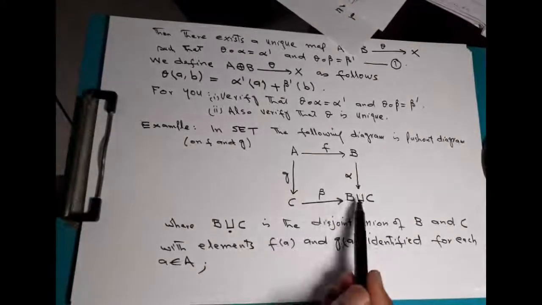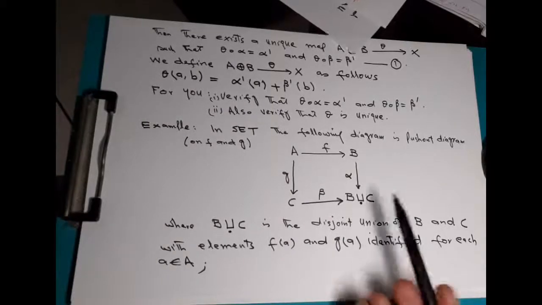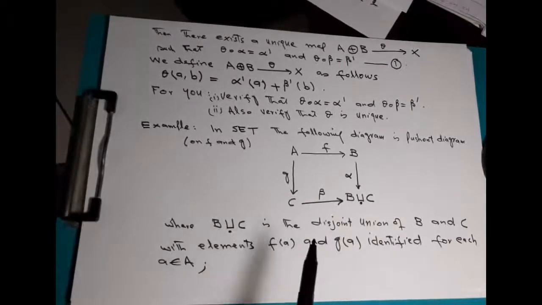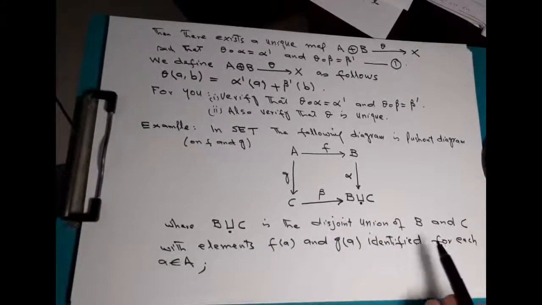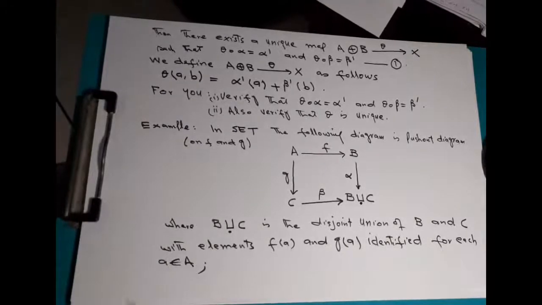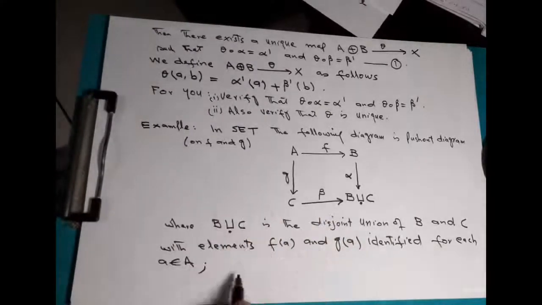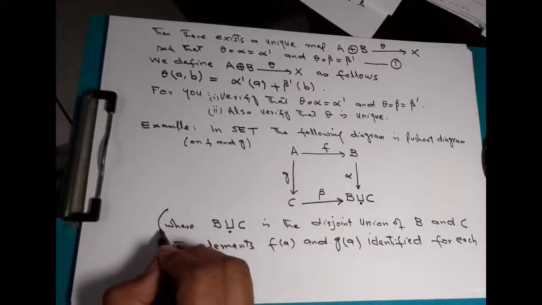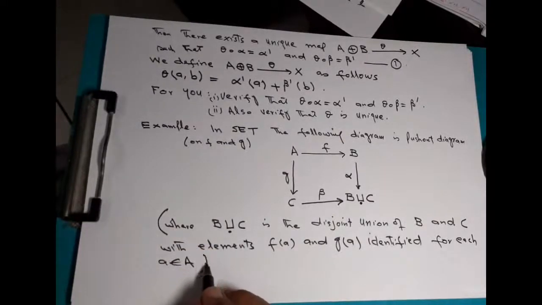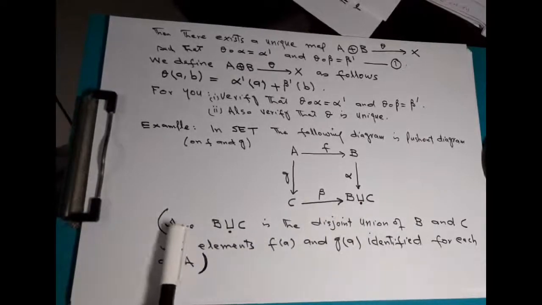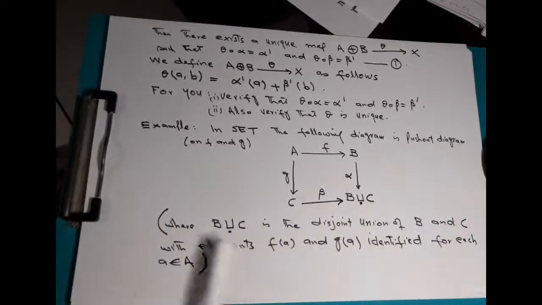Either you will write f(a) or you will write g(a), or f(a) is equal to g(a) sort of thing. So we will identify the elements f(a) and g(a) for each element a belonging to A. Anyway, this is the push-out diagram. Let me put it in brackets because this was not part of our scheme of proofs. I have simply tried to explain what this object is going to be. So I have explained about this object.